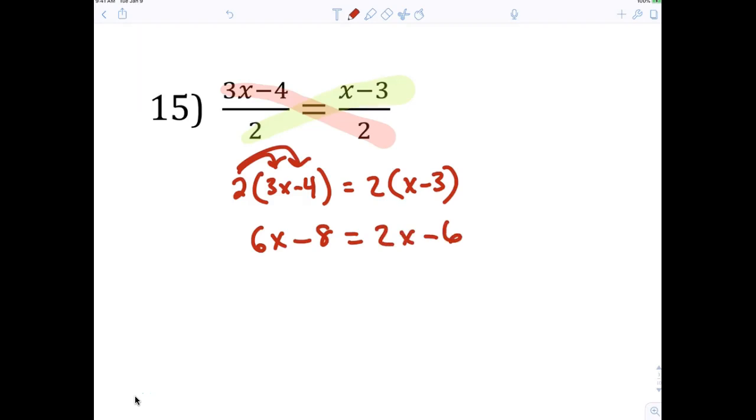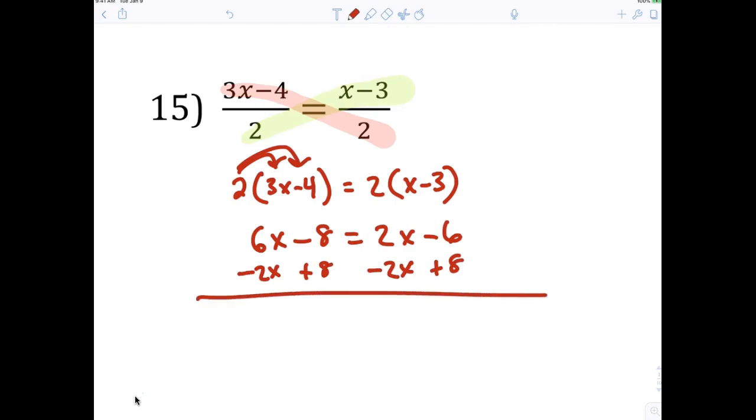Now from there, move the 2x to the left, right? So I'm going to subtract 2x. I'm going to add 8. So it looks like I have 4x is equal to 2. Be careful.